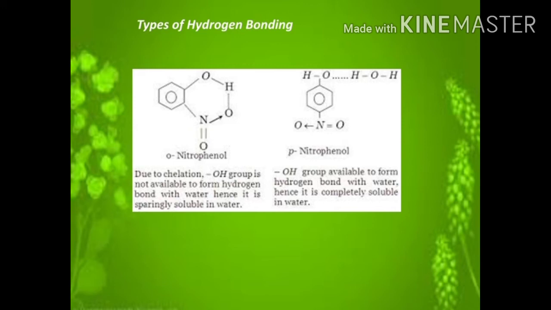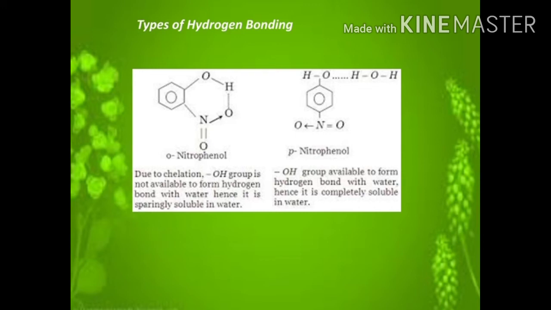Orthonitrophenol, due to chelation, means formation of ring structure, the OH group is not available to form hydrogen bond with water molecule. Hence, it is sparingly soluble in water because the hydrogen atom is already involved in intramolecular hydrogen bond. So, no free hydrogen atom is present in orthonitrophenol.